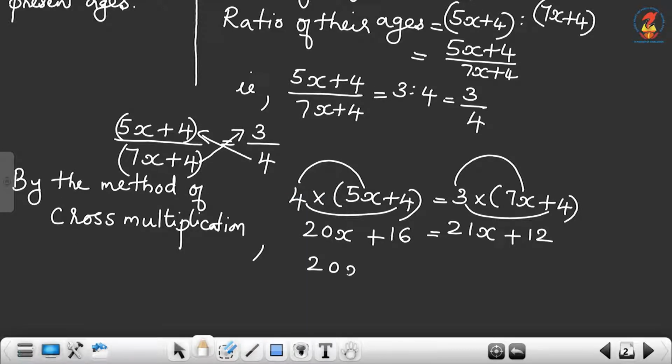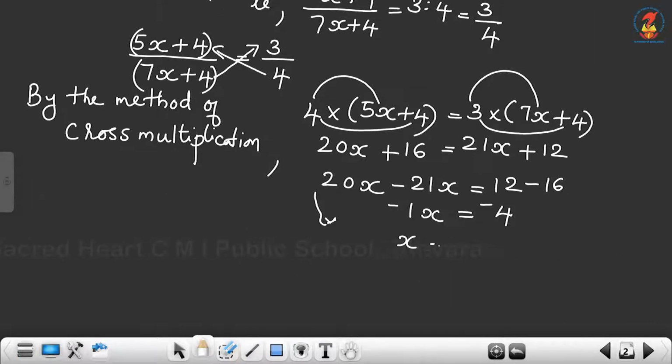Then 20x minus 21x equal to 12, transpose 16 to the other side, 12 minus 16. 20x minus 21x, that is minus 1x, equal to 12 minus 16 which is negative 4. Therefore, x equals negative 4 by negative 1 which is equal to 4. So the value of x is equal to 4.